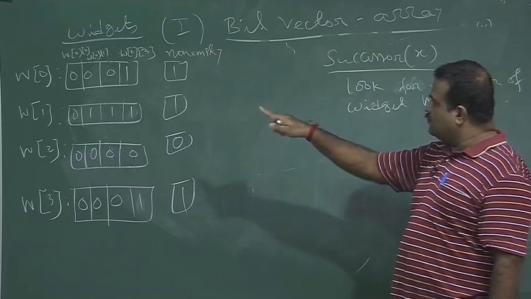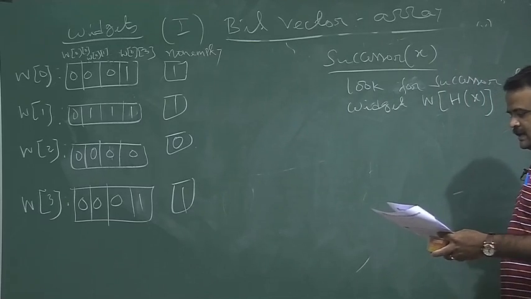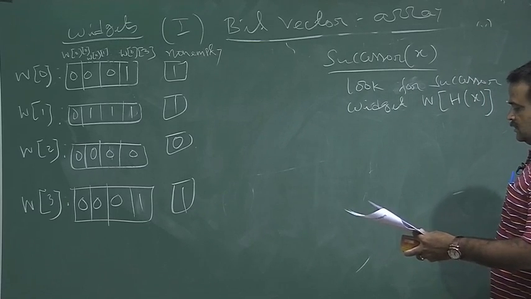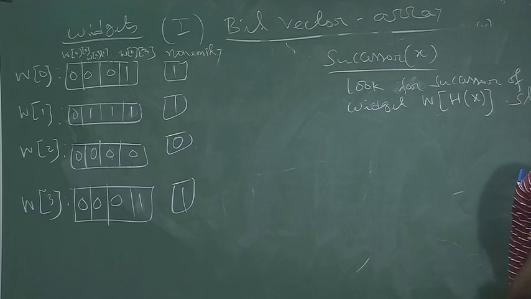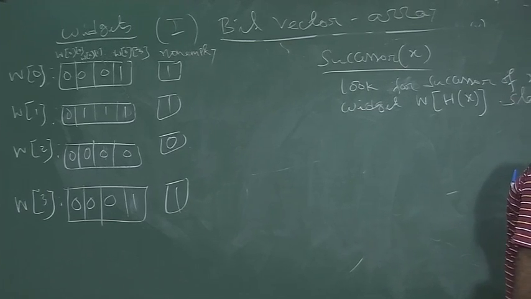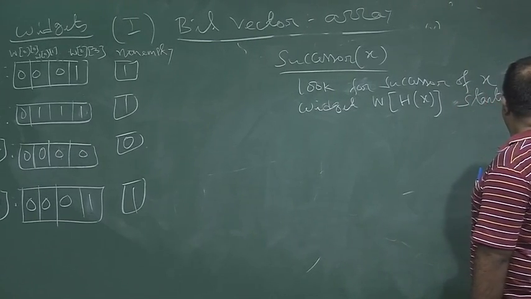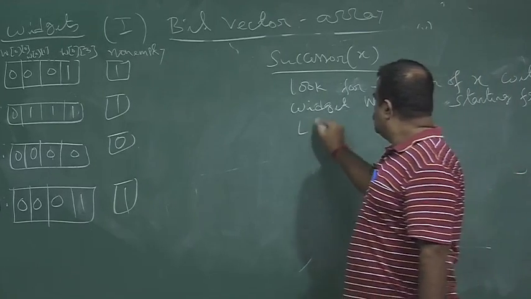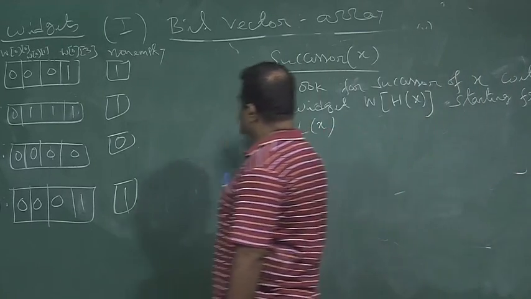We will look within the widget W of high of x, starting from low of x. So, this is the first step.